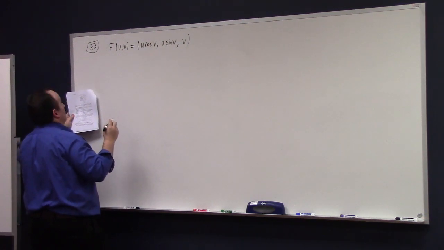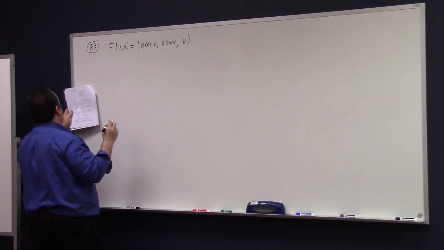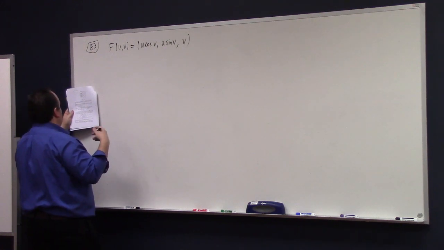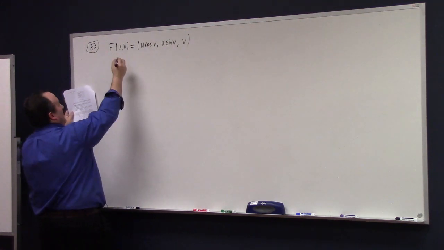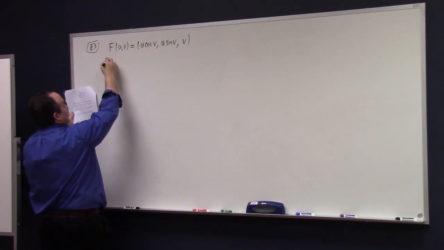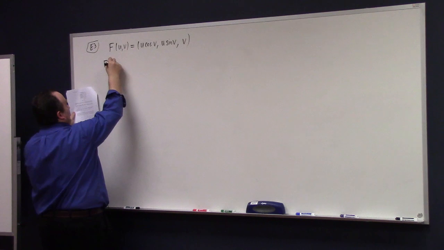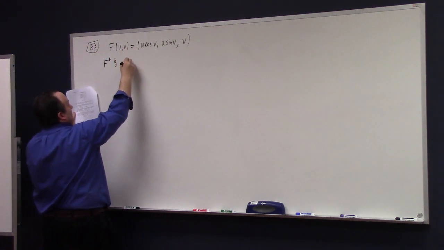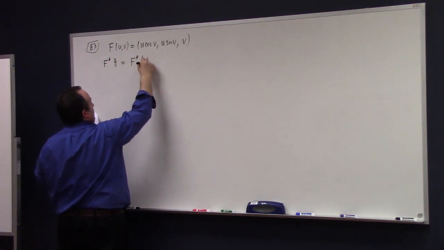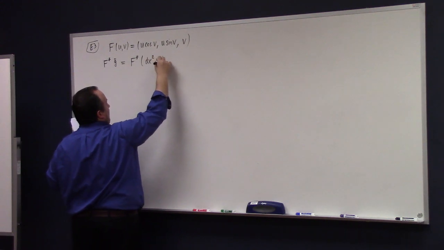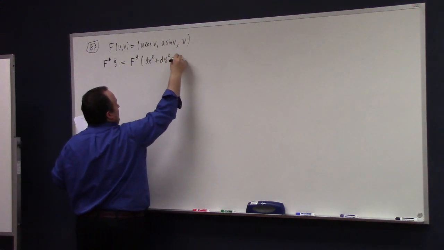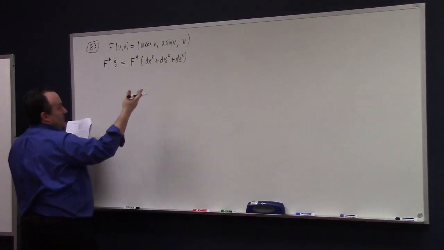Anyway, we want to do the pullback, so it's basically the same calculation we just did. We pull back g bar, where g bar is dx squared plus dy squared plus dz squared, the Euclidean metric on R3.